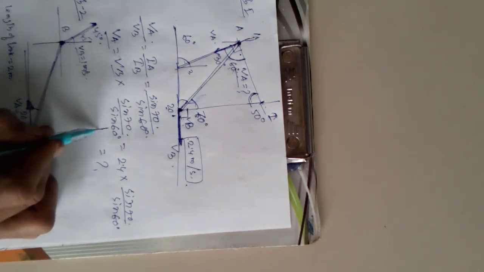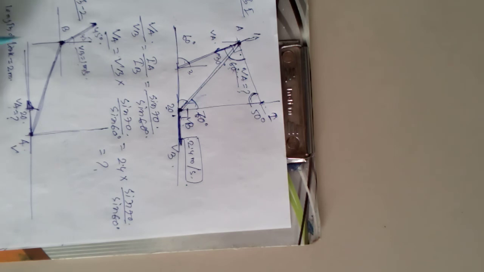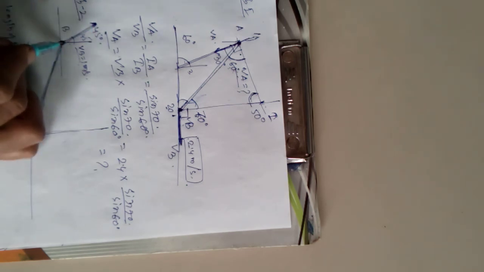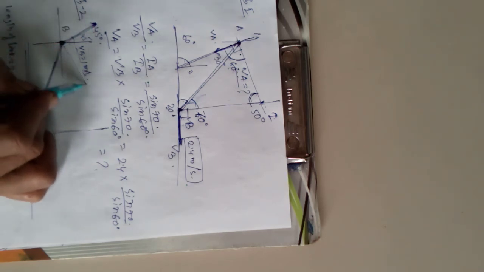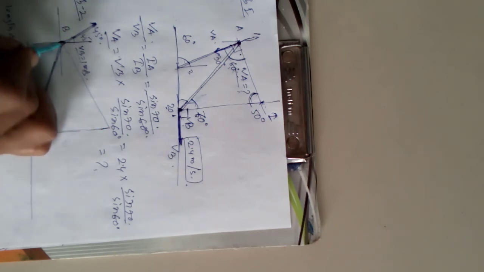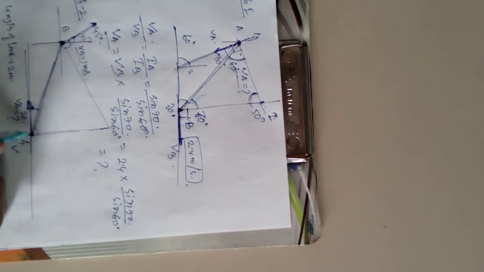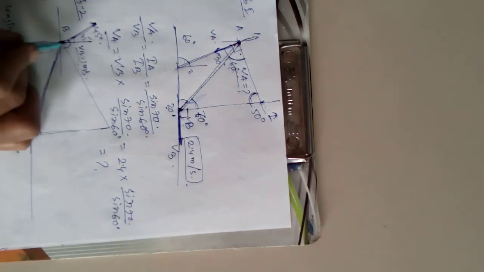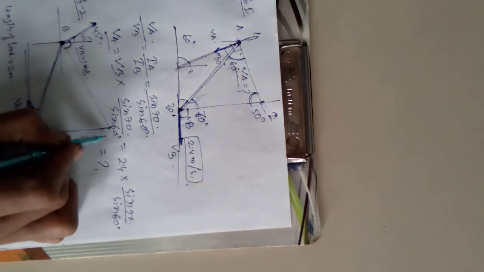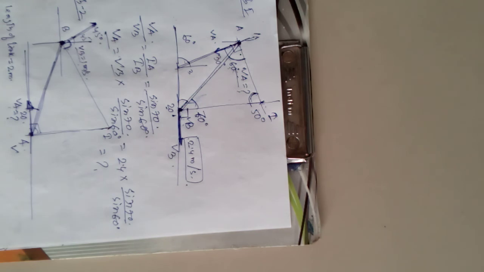Draw a perpendicular line, and draw another line which will be perpendicular to VB. So we have got the instantaneous center of rotation I.